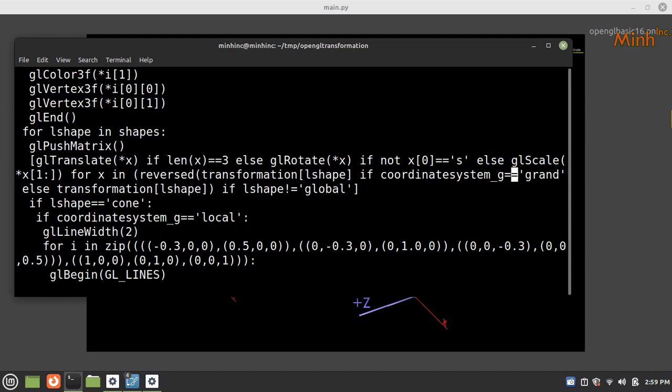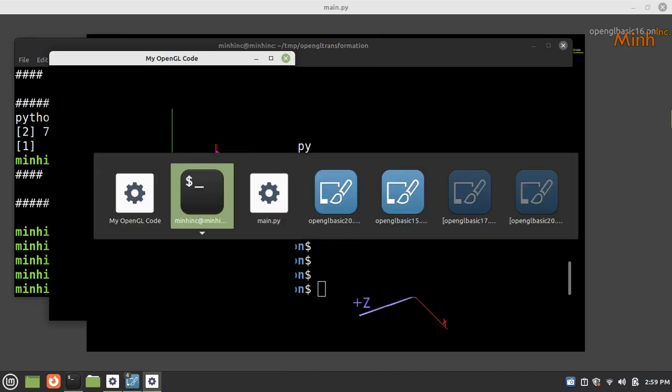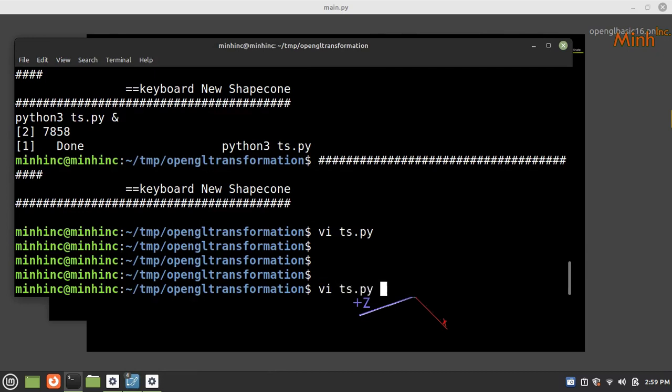If coordinate system is grand, S just so there is no reverse. So reverse is here. We'll try now. We already have it for the local coordinate.